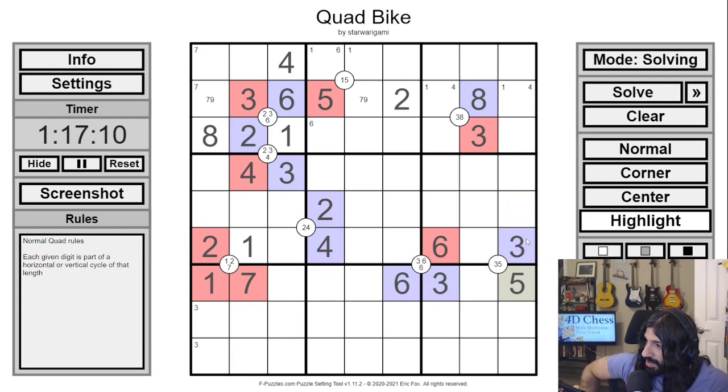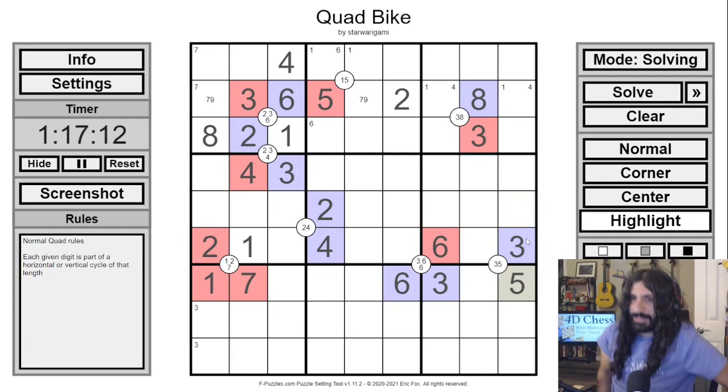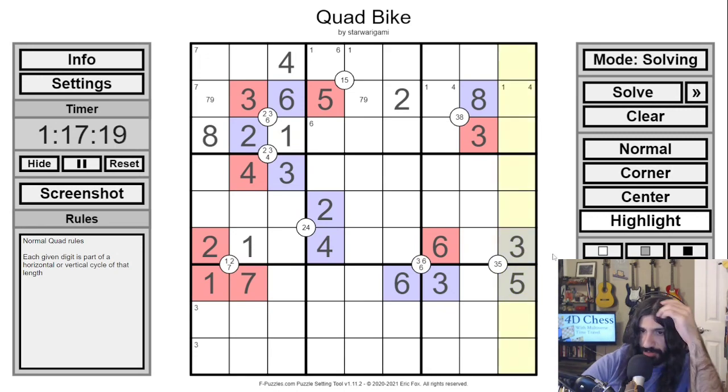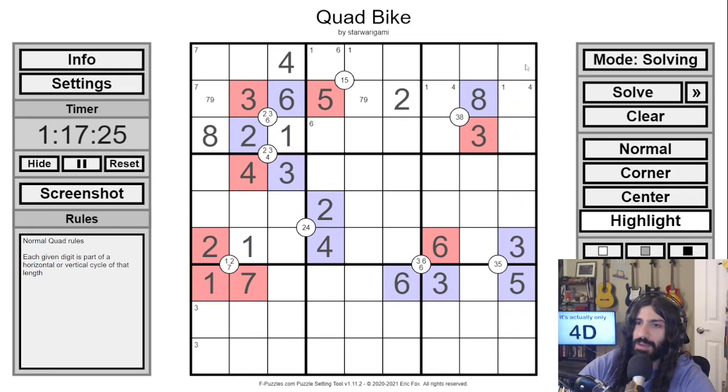here. Okay. So now we've got this 3 and this 5, which means there has to be a singular self-reference in this column. Where can that be? There can't be a 1 here. There can't be a 2 here. There can't be a 3 here. There can't be a 4 here. There can't be a 5 here.